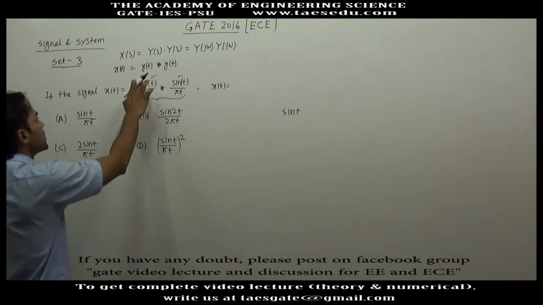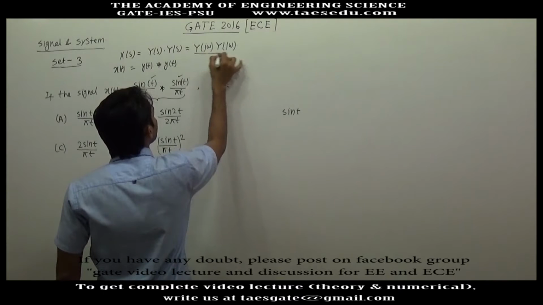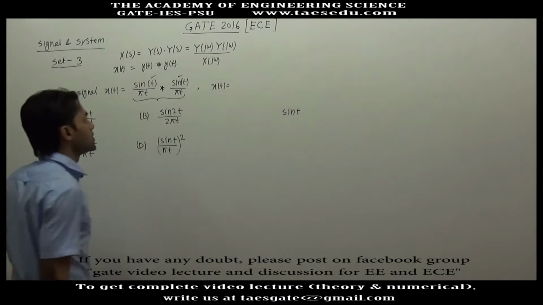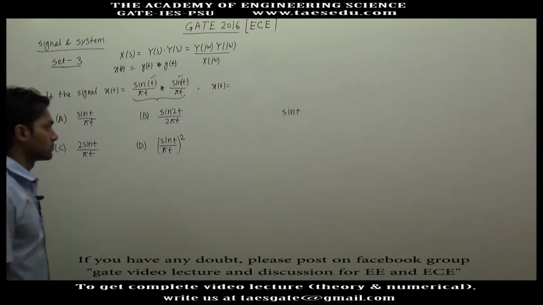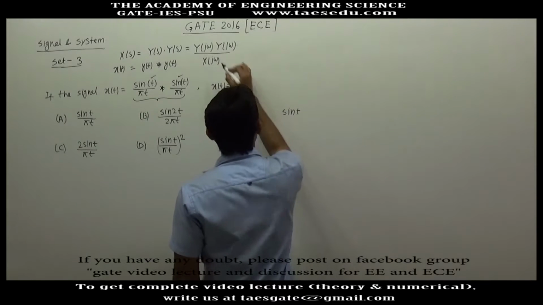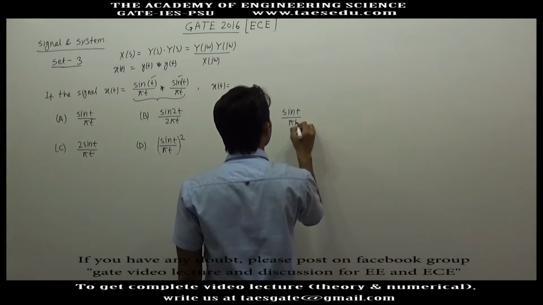If x(t) is y(t) convolution y(t), then X(j omega) will be equal to Y(j omega) times Y(j omega). So first we have to find Y(j omega), the Fourier transform of sin t divided by pi t.